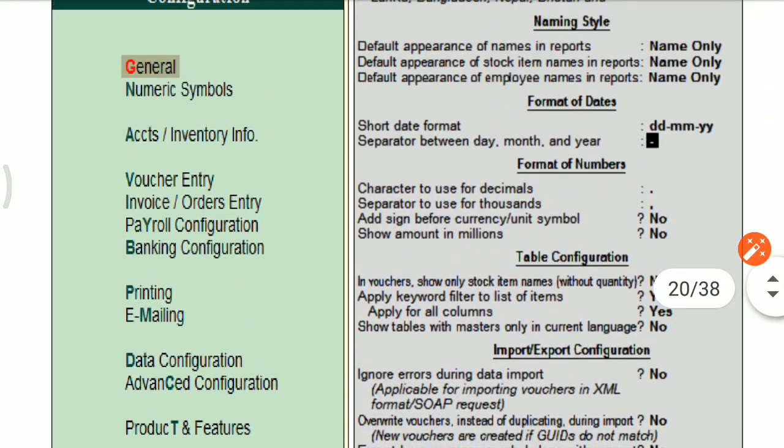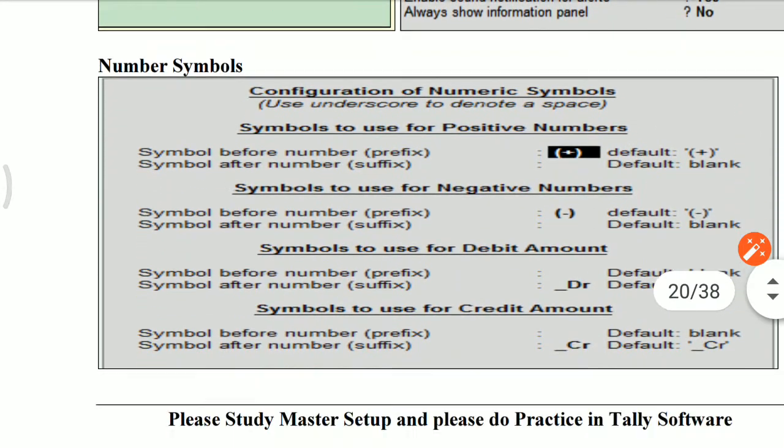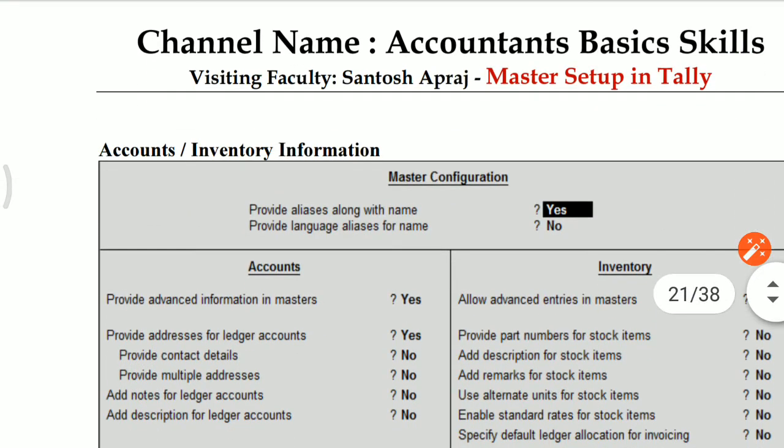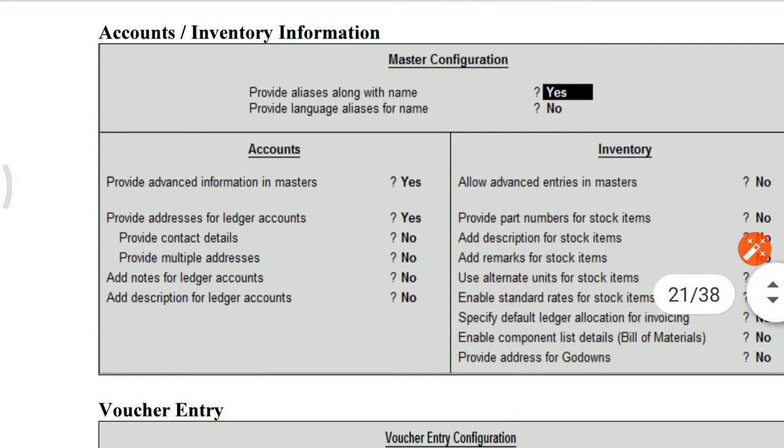Next one is numeric symbol, debit, negative amount, minus sign, positive amount, plus, but not required, debit and credit. Next option, in accounts and inventory info. Friends, you have to just read each and every question and you have to give the reply. Just note that if you give reply yes, then you have to give additional answers and you have to update additional details also.